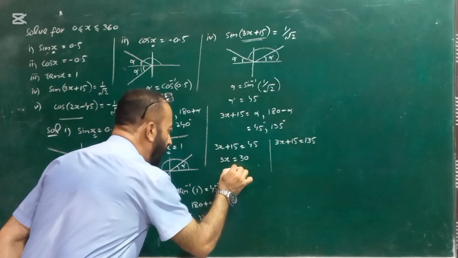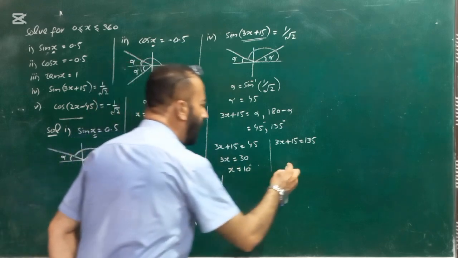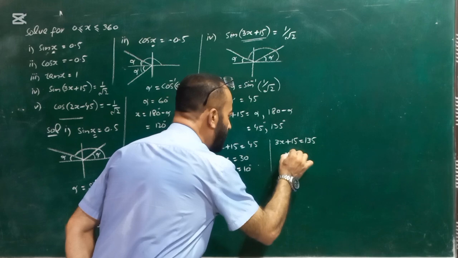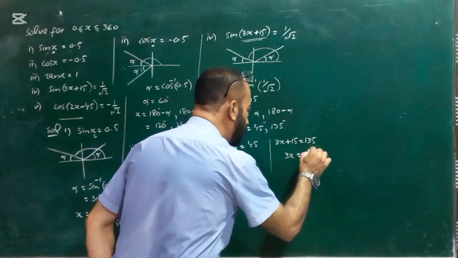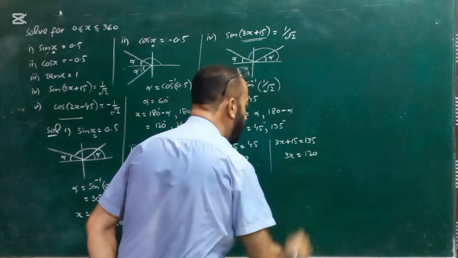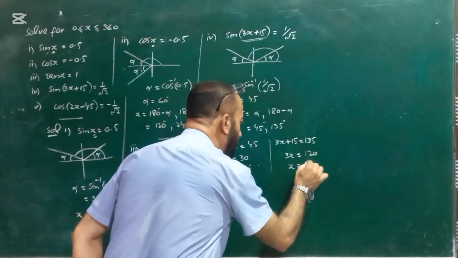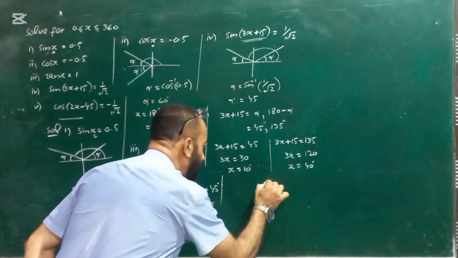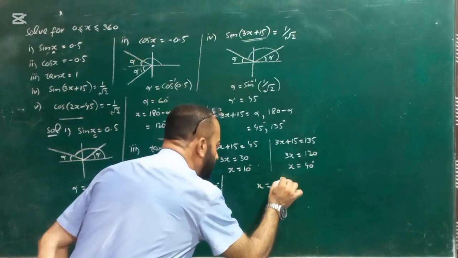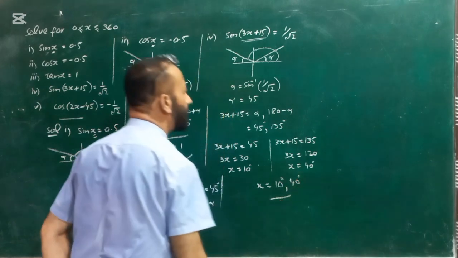And from here, x is equal to 10 degrees, the answer. And from here, 3x is equal to, this 15 will be subtracted, so 120. And then 3 will go to the denominator and it will be equal to 40 degrees. So x is equal to 10 degrees and 40 degrees are the answers.